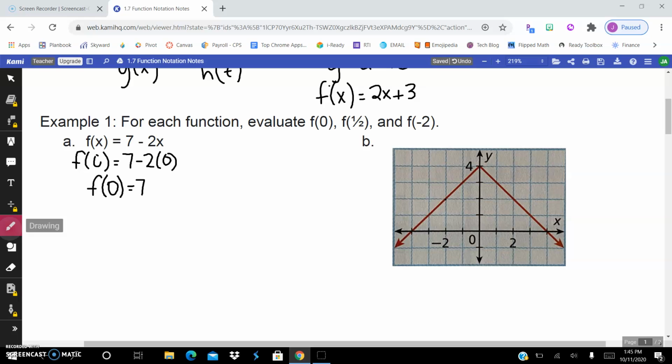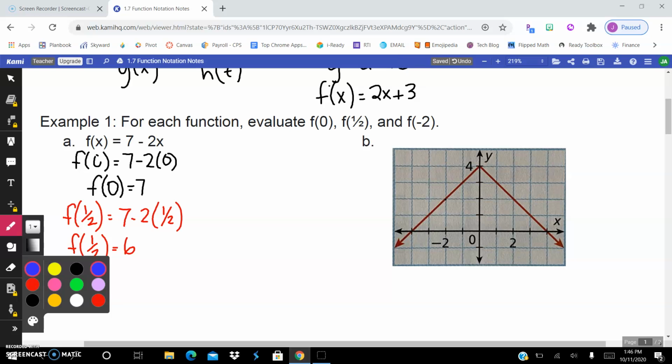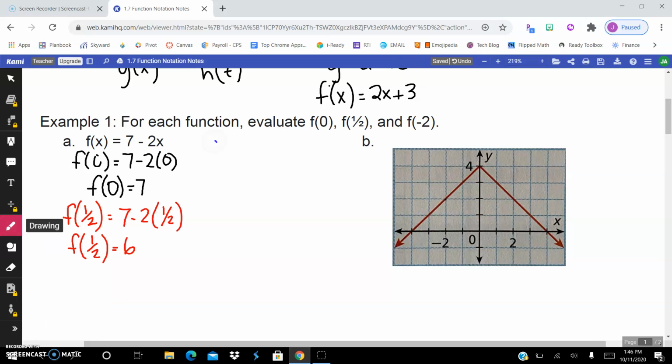Then I have to do the same thing with 1/2. So f of 1/2 is going to be 7 minus 2 times 1/2. Half of 2 is 1, so that's going to be 7 minus 1. So f of 1/2 would be 6. And then one more time with -2.